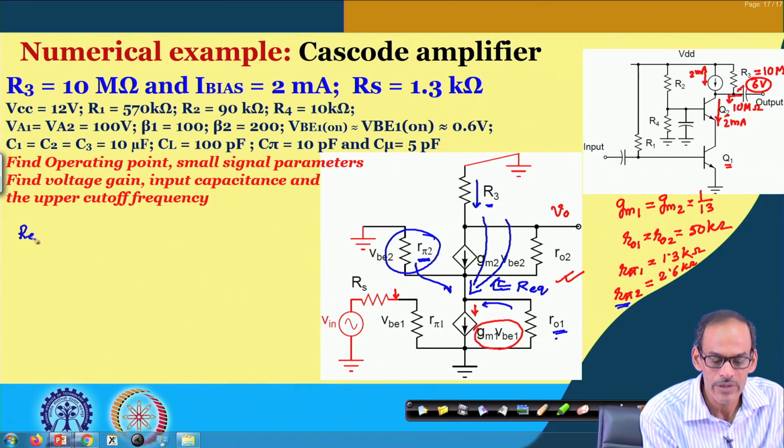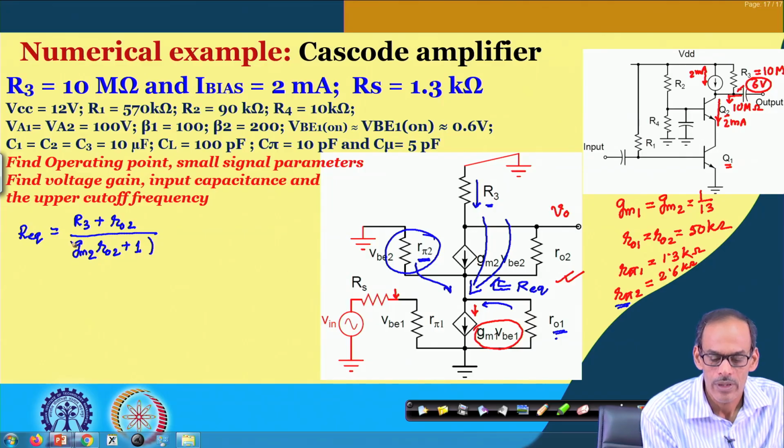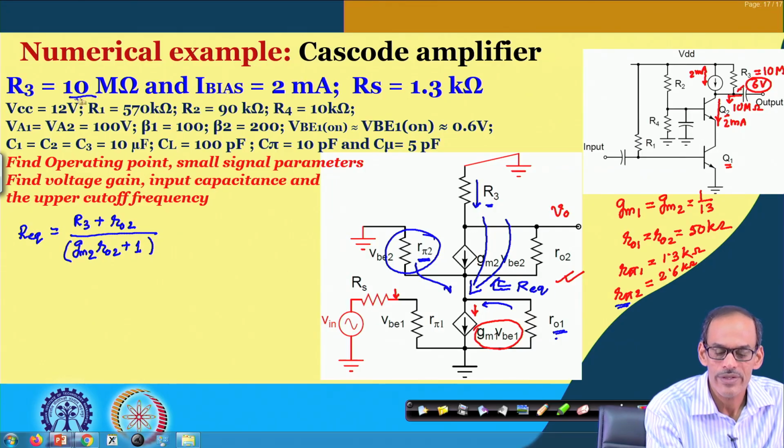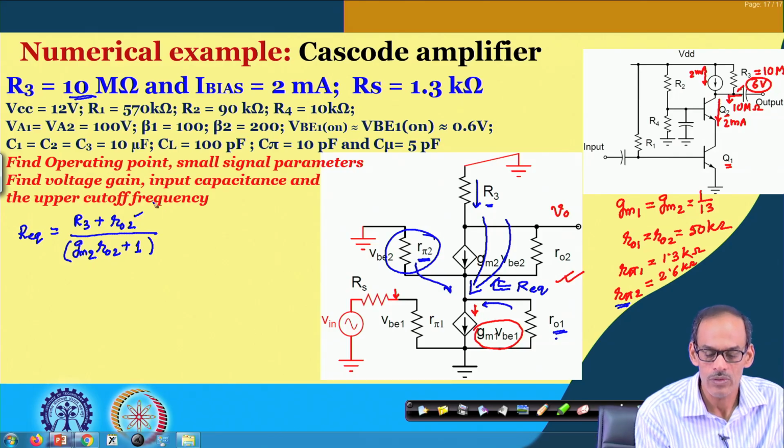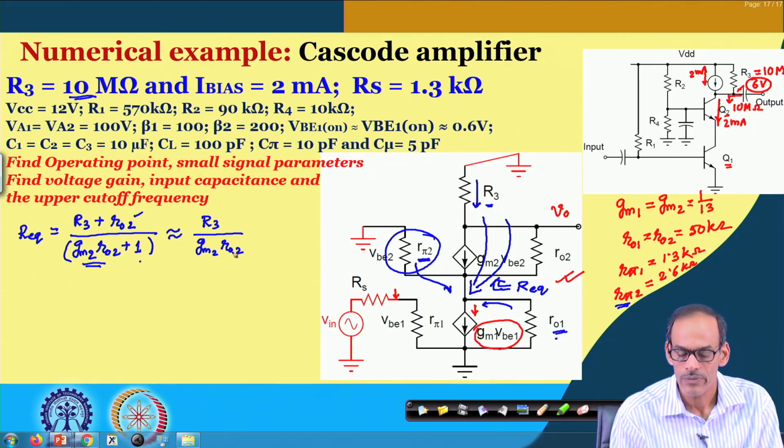So, this R equivalent, as you may recall, is R3 plus ro2 divided by gm2 ro2 plus 1. R3 is quite high compared to ro2, and this part is quite high compared to 1. So, we can as well consider this as R3 divided by gm2 ro2.